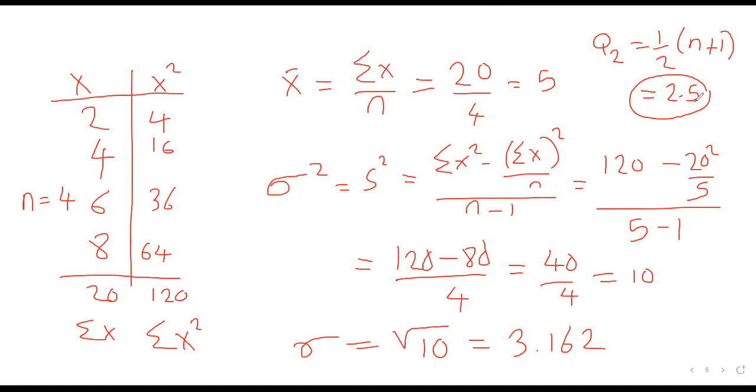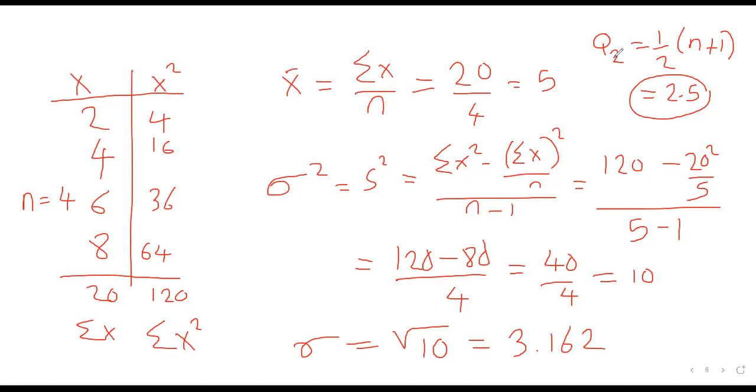So 2.75, you have just rounded off to the third number. If you have 2.25, you have just rounded off to the second number. So 2.5, the second number and the third number. So 4 plus 6 is 10. 10 divided by 2 is 5. So our median is 5.